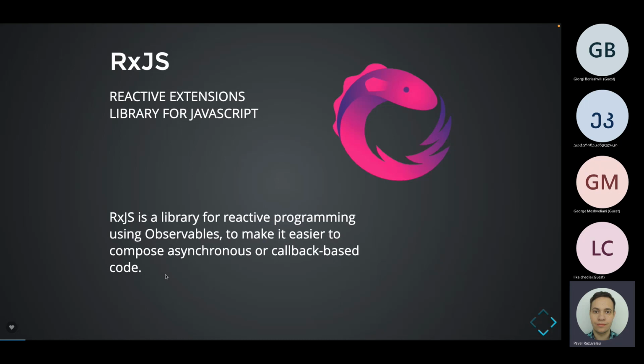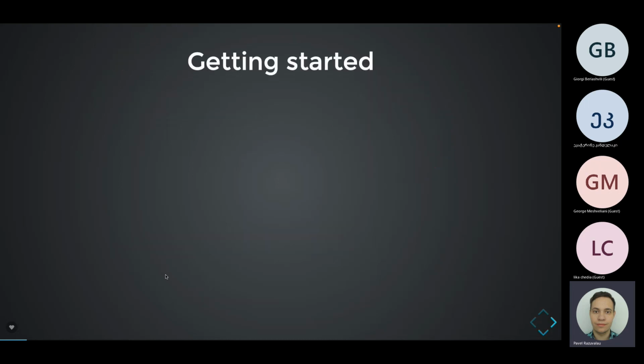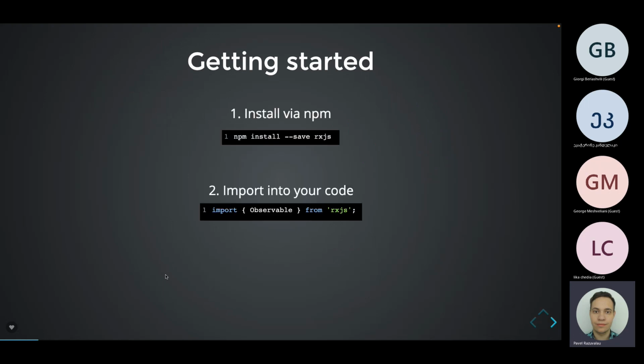So in case you are working with some other library, let's say React, or your project uses pure JavaScript, you can easily integrate RxJS into your project by just installing the library called RxJS.